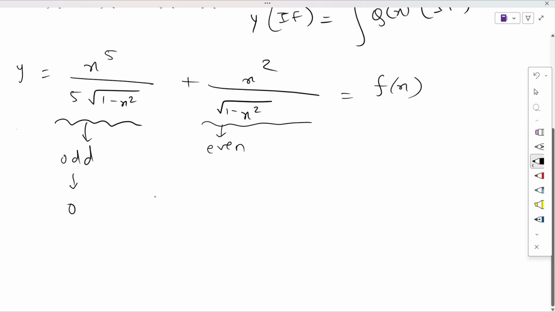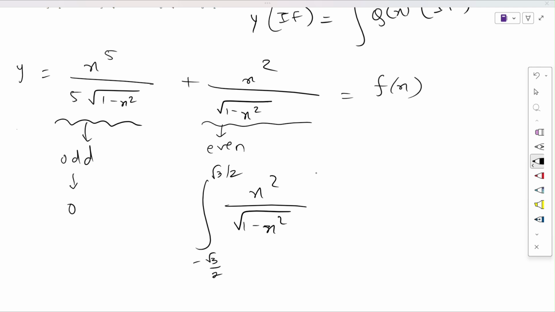And for this, we'll write it as the integration of x square upon root 1 minus x square from minus root 3 by 2 to plus root 3 by 2. Now this can be written as 2 times the integral from 0 to root 3 by 2 of x square upon root 1 minus x square, since this is an even function.